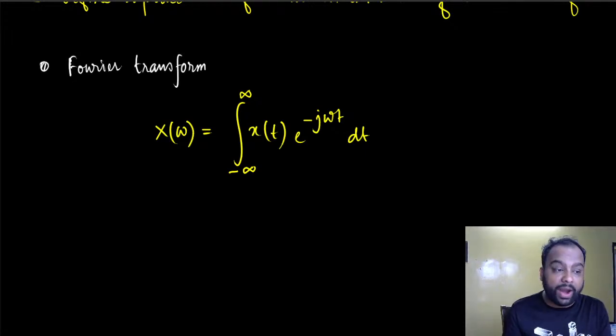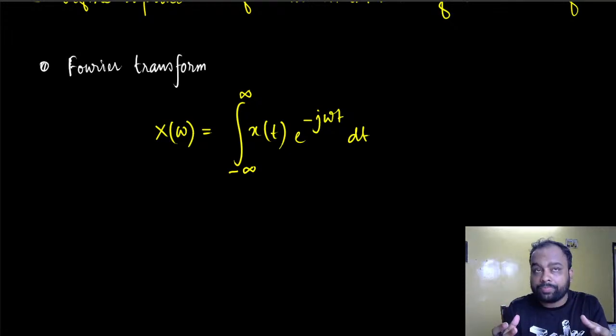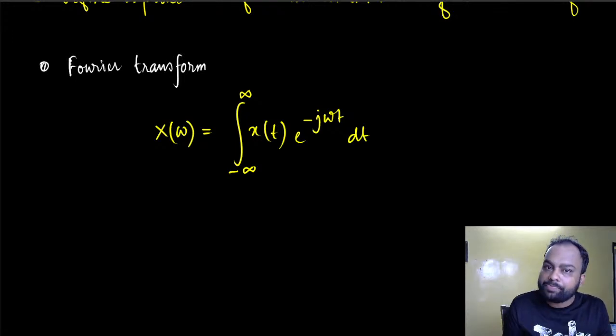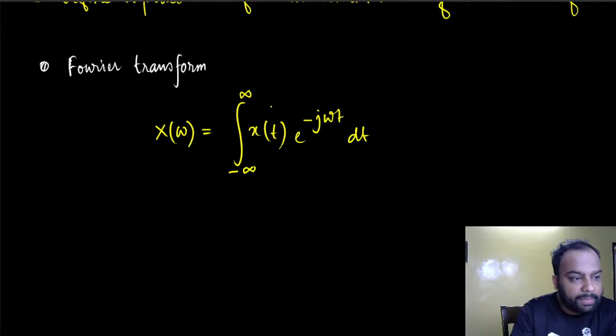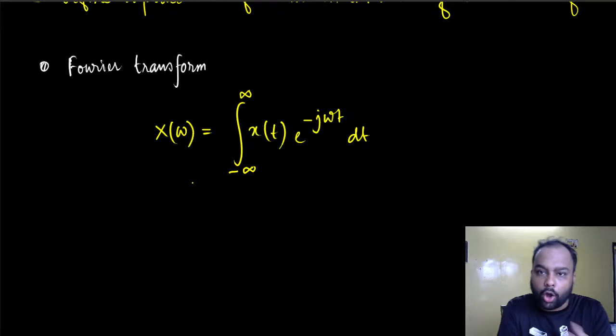But the main point to take away is that the signals for which we can calculate the Fourier transform should be expressible in terms of sinusoids. If I give you a signal that is not expressible as a sum of sinusoids, then I have a problem, because the Fourier transform does not always exist.